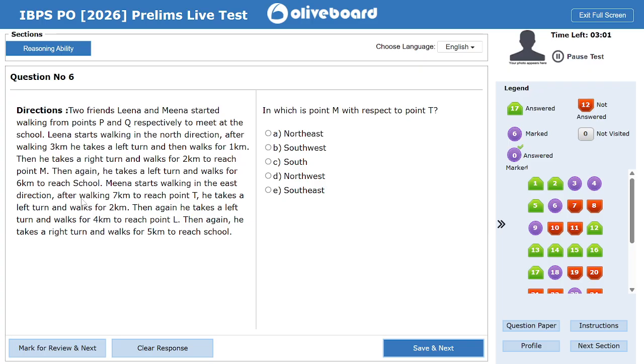Here right he takes a right turn. Here right turn 3 or 5. So here पर L को मान लेते हैं right turn. Okay. मैंने जो take left turn and 4 kilometers. 4 kilometers.